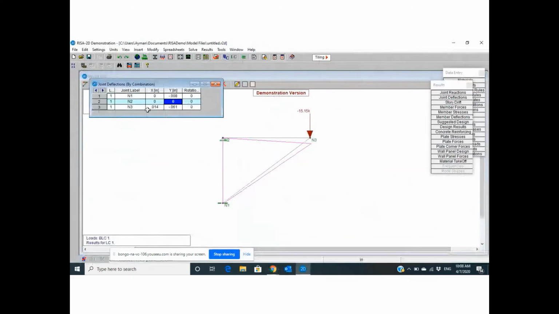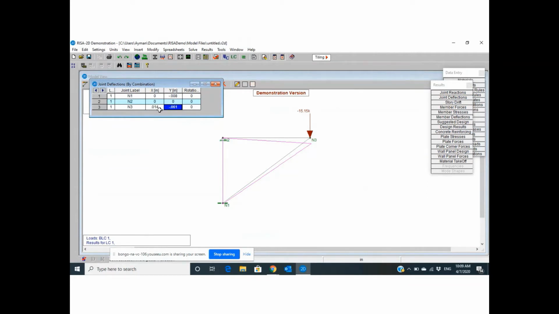Node number 3 moved down because it's negative. How much? 0.061 inch. And it moved horizontally also to the right by 0.014 inch.